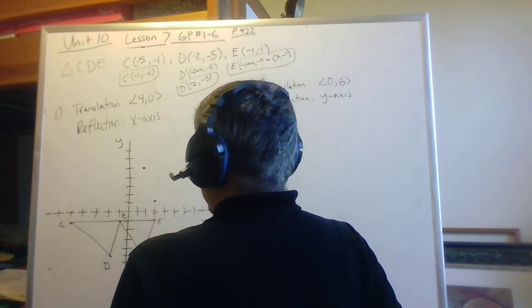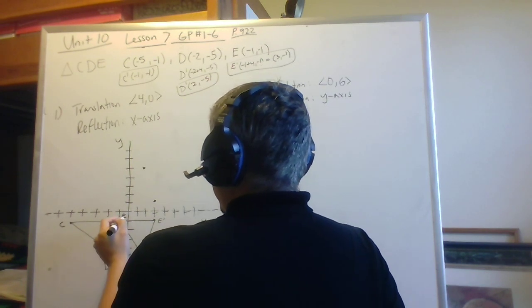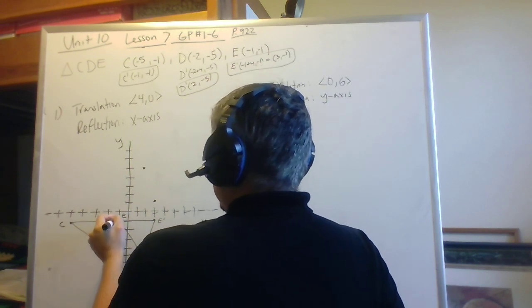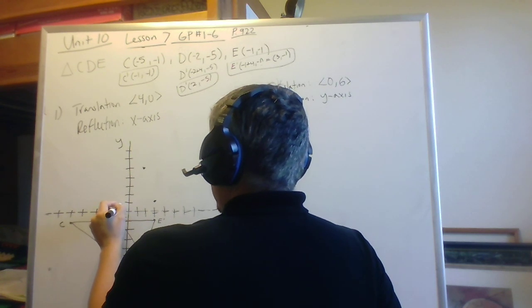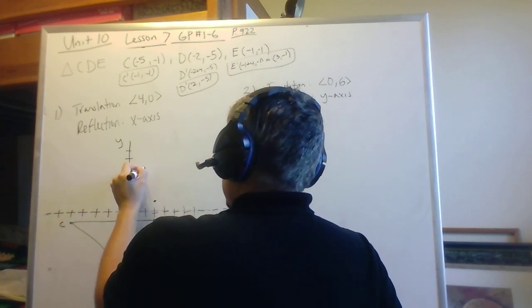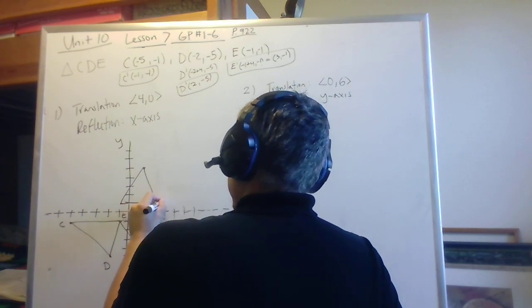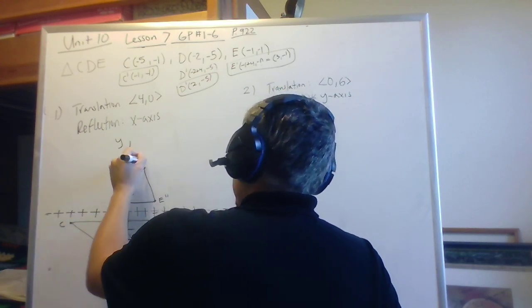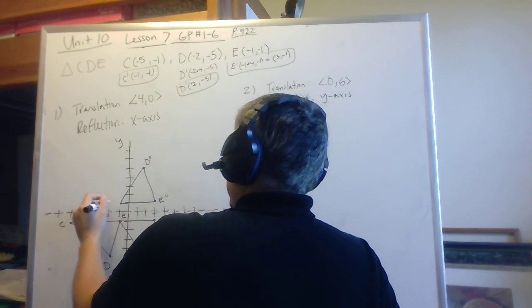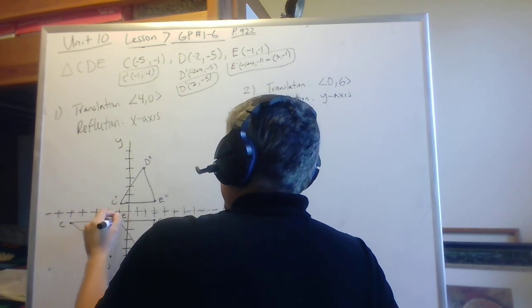And then our C prime, since it's at -1, -1, it's going to be at -1, 1. So now we have our final reflection. And so we have E double prime, D double prime, and then C double prime.